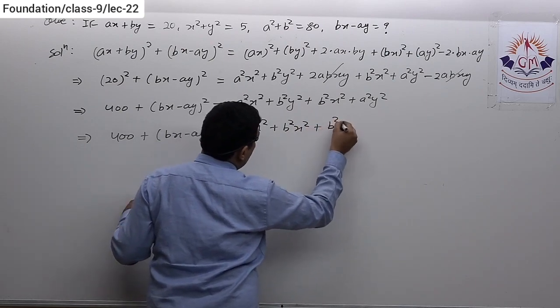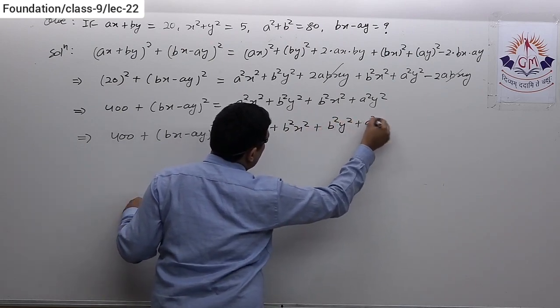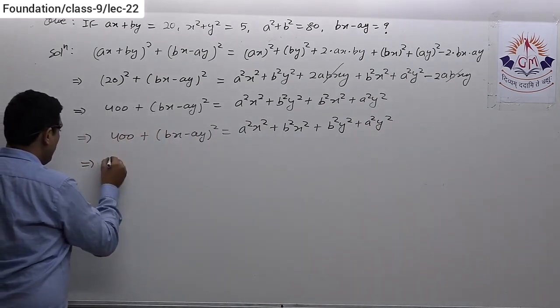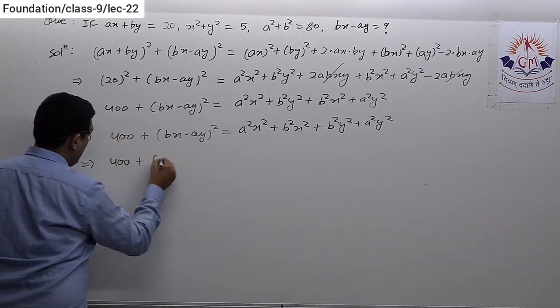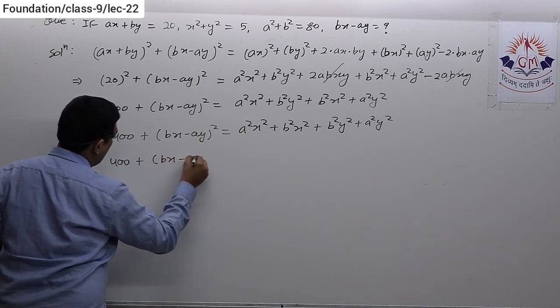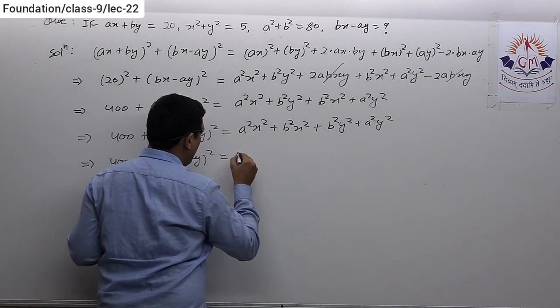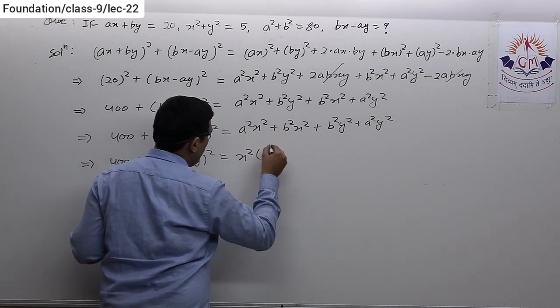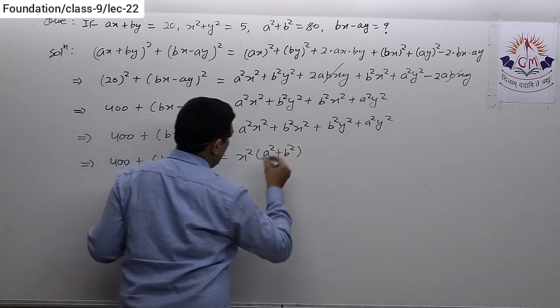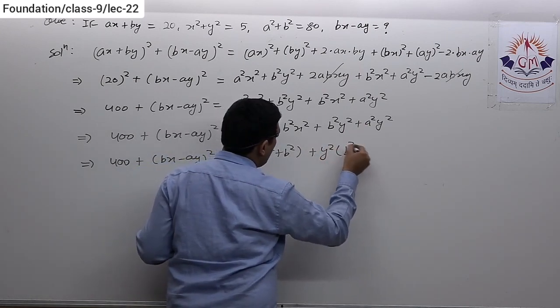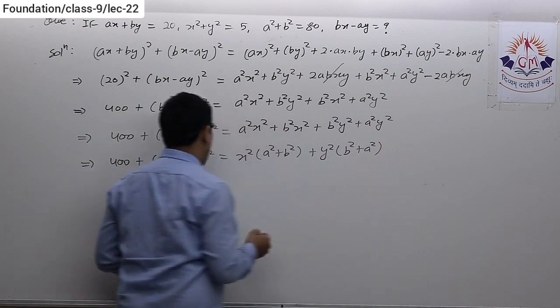Over here b square y square plus a square y square. So therefore 400 plus (bx minus ay) whole square is equal to. Now from these two I can take x square common, so a square plus b square. From these two I can take y square common, so b square plus a square.